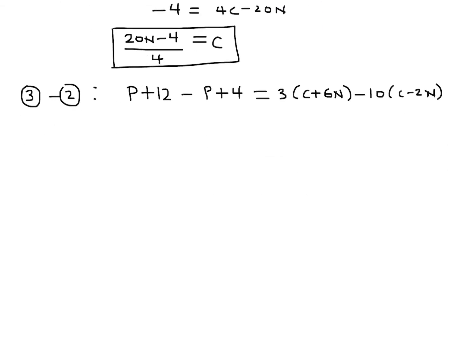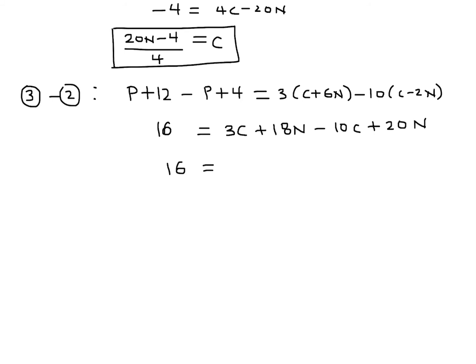And this gives you 16. And this looks like 3C plus 18N minus 10C plus 20N. And anything? Nope. No numbers other than the 16.